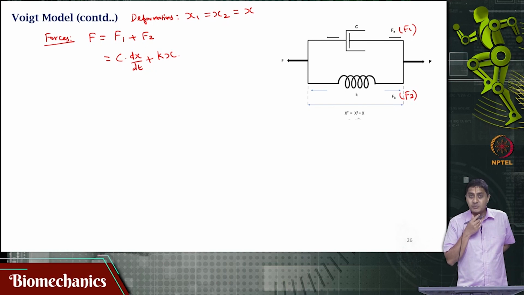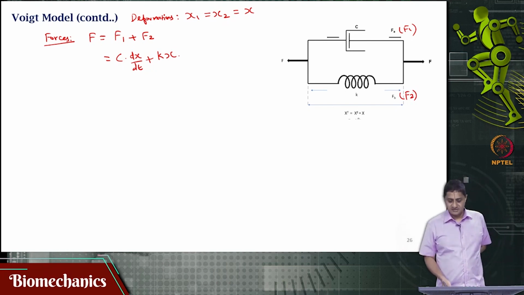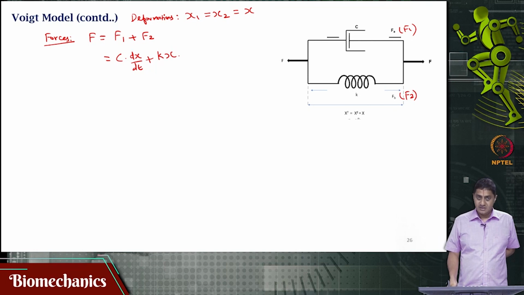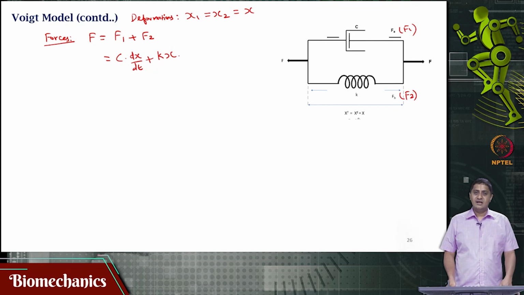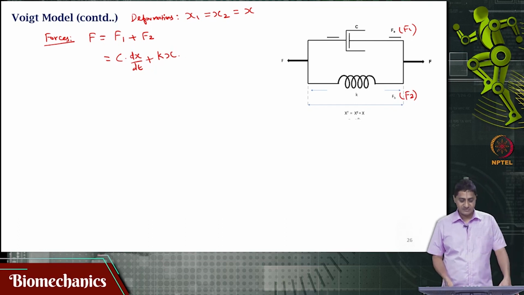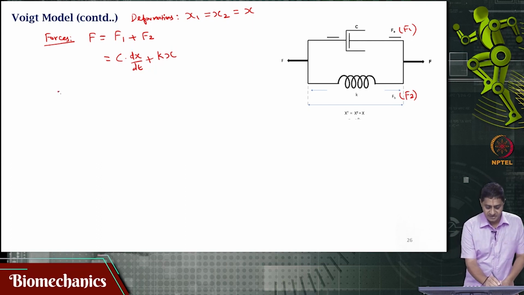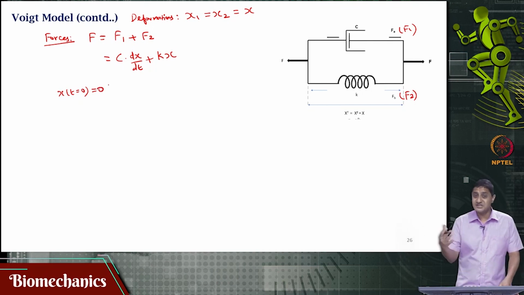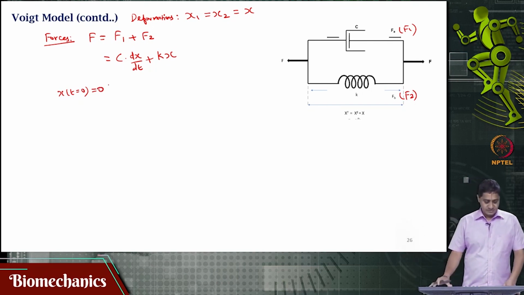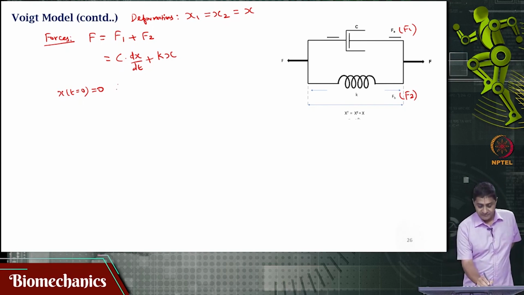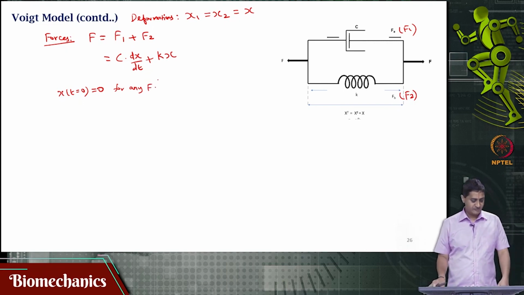So what would be the initial condition for this model? The deformation x of t at time t equal to 0 is 0. That is the initial condition, and this is true for any f.